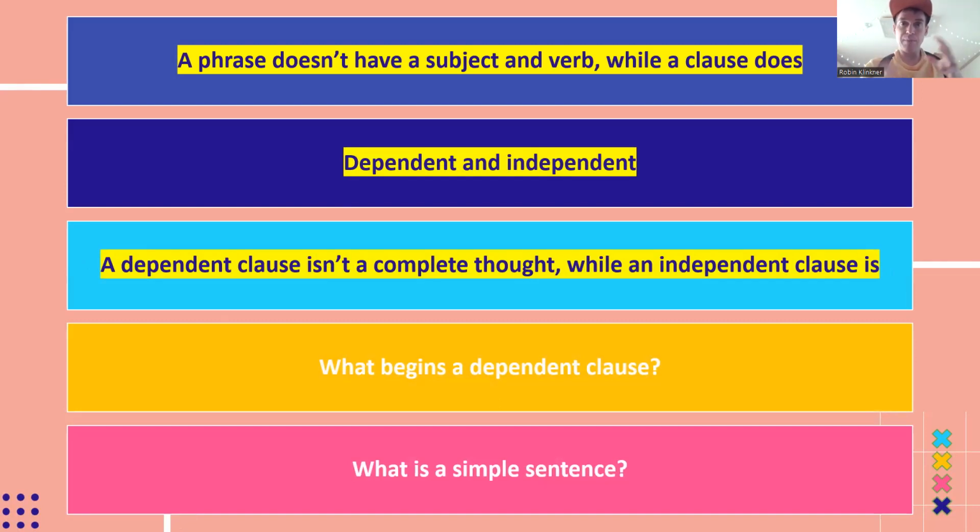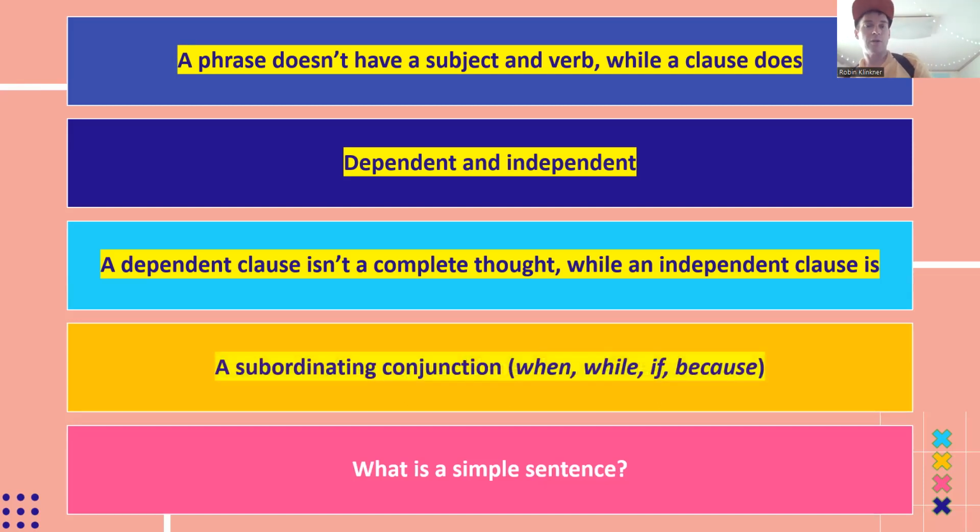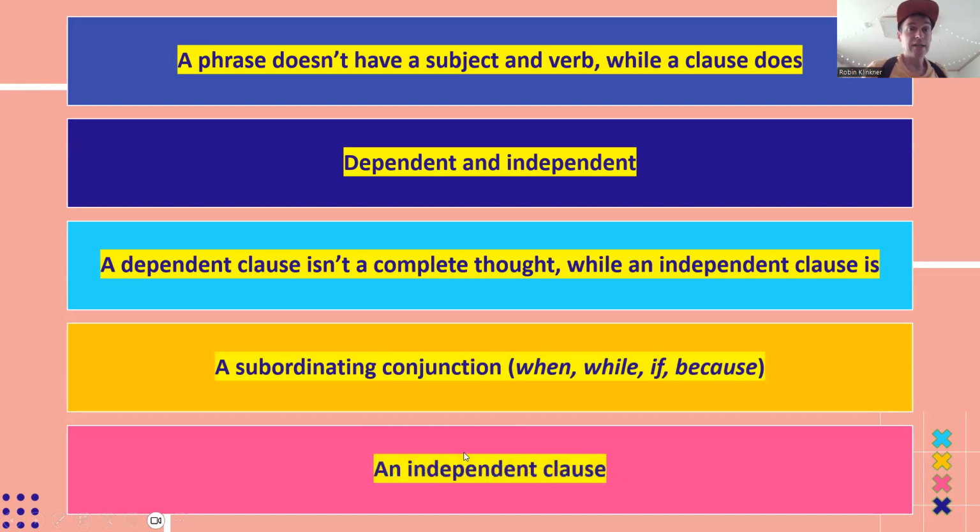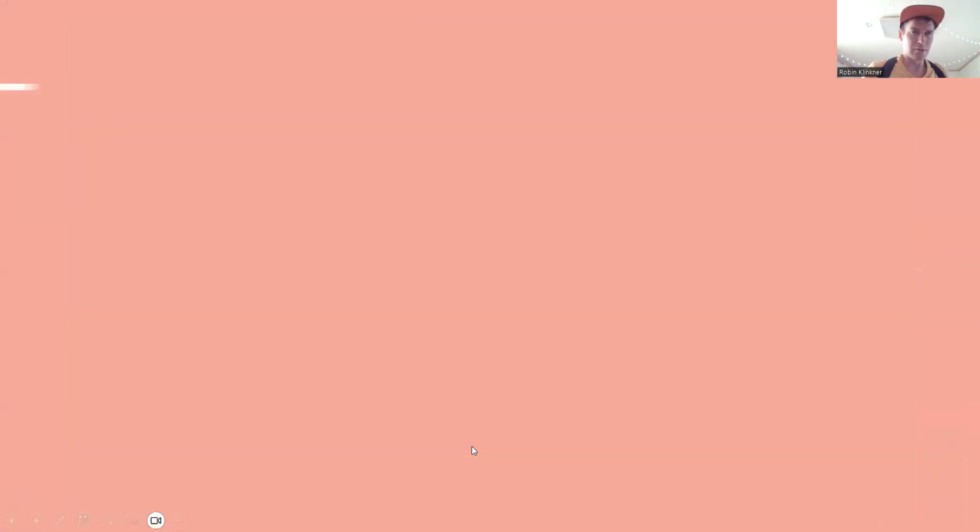What begins a dependent clause? A subordinating conjunction: when, while, if, because, as soon as, and so many more. What is a simple sentence? It's just one independent clause, a complete thought.